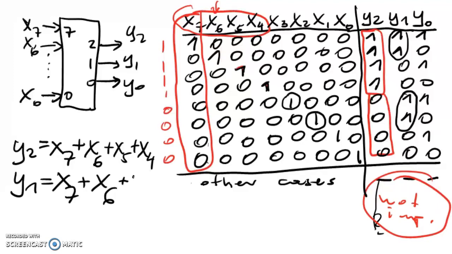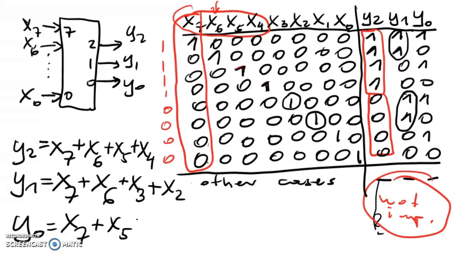So y1 equals x7 plus x6 plus x3 plus x2. What about y0? y0 is 1, 0, 1, 0, 1, 0. So the odd indexes are needed. So y0 equals x7 plus x5 plus x3 plus x1.